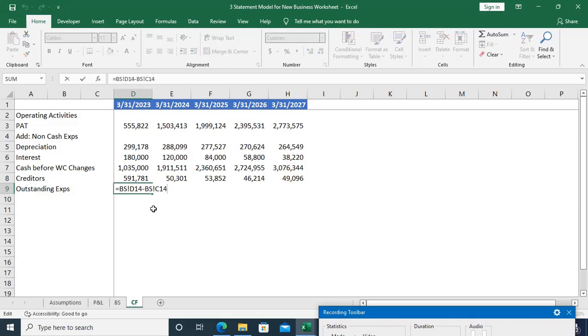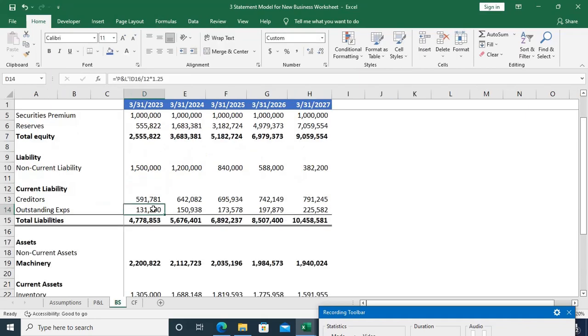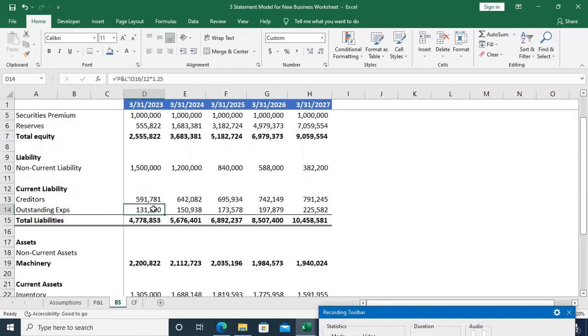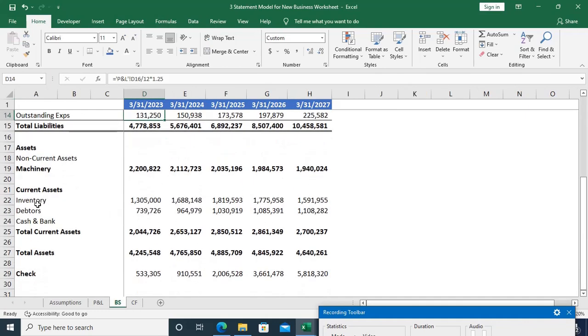You can check it if you want. It has taken this formula, shift R. Okay, so this is the impact of the current liabilities. Now current assets, how it has impacted this thing, let us see. So we had current assets, those were inventories and debtors.